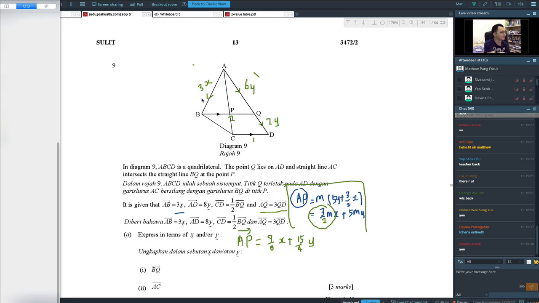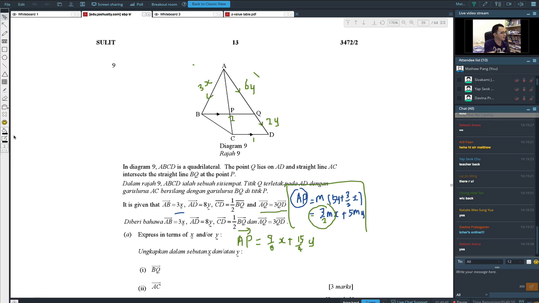Okay, PD, P to D. Alright, so yeah, PD I can say is PA plus AD. So it's very easy. So I will say PD equals PA, because I have AP, plus AD.